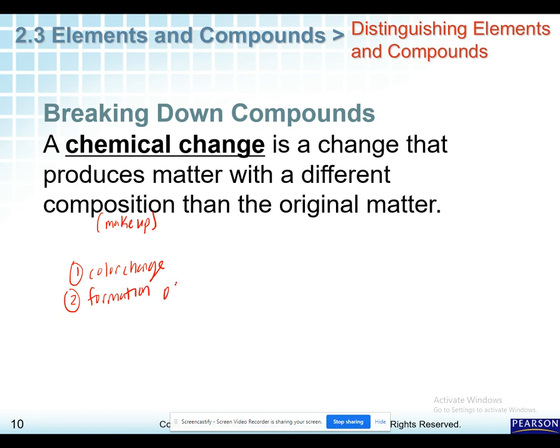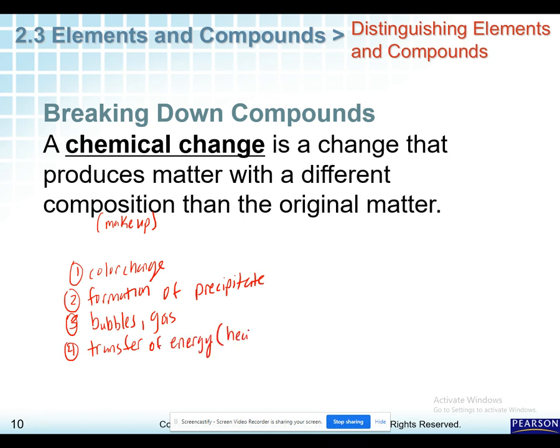And if you forget what a precipitate is, it is a solid that comes from a liquid mixture. The third thing is bubbles, or the production of a gas. And the fourth thing is a transfer of energy. And remember, if you don't remember this, go back to that video. A transfer of energy can be seen two ways, as heat or light. So it's heat or light.